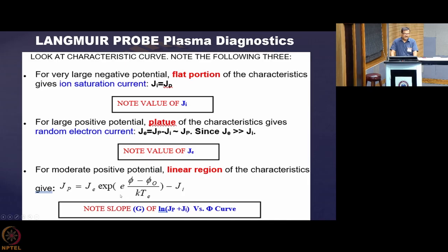And what is the slope of that? This is e by kTe. This is a semi-log plot, because there is a log on one side and phi on the other side, and the slope of that is e by kTe.